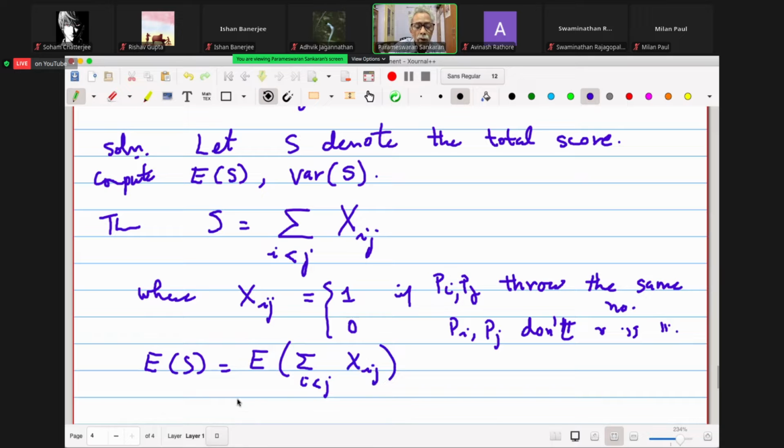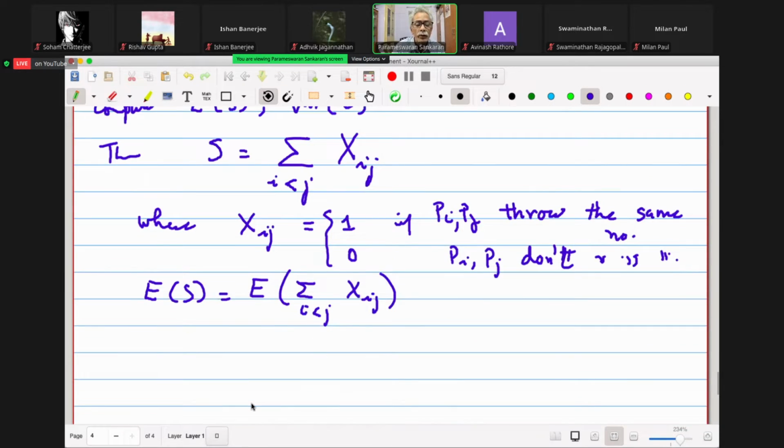But the expectation of a sum is the same as the sum of the expectations. So this is equal to the summation of E of Xij, sorry about the bad handwriting, for i less than j.